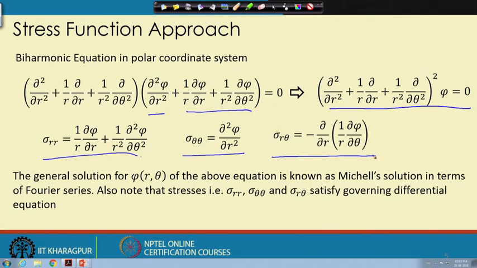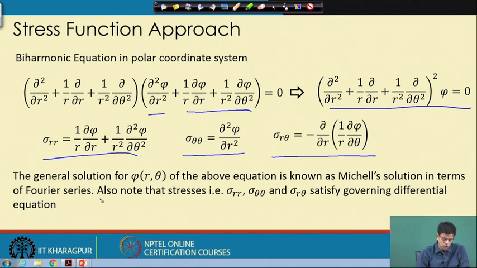Now, this is what I have already discussed, that stresses of this form satisfy the governing differential equation. Now, here phi is the stress function that we need to now concentrate on.